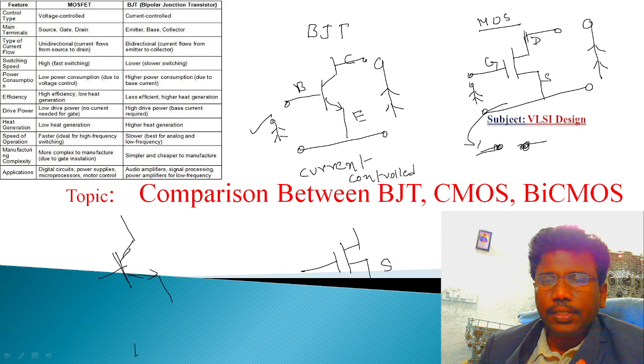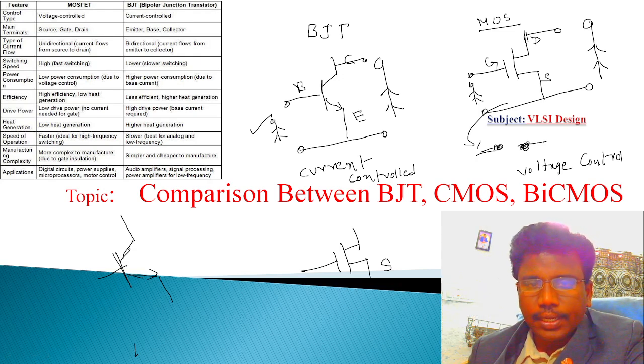We are not increasing either electrons or holes here; we are controlling with the voltage difference. That's the reason it is a voltage control device. This is the main advantage of MOS over the bipolar transistor.